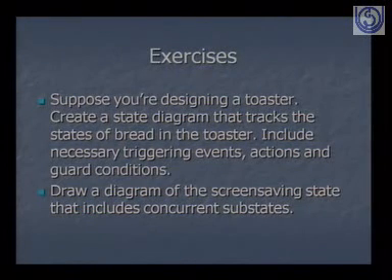Like the fax machine we had seen. Here you can put this particular state as toasting. You can give the entry category, the exit category, and you can use various do categories, like do activities also. What is the idle state? What is the toasting state?